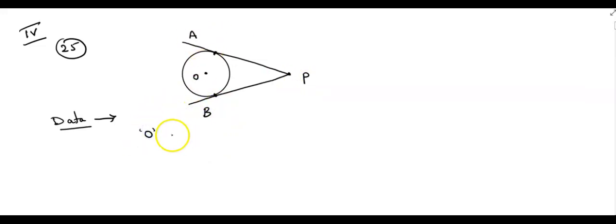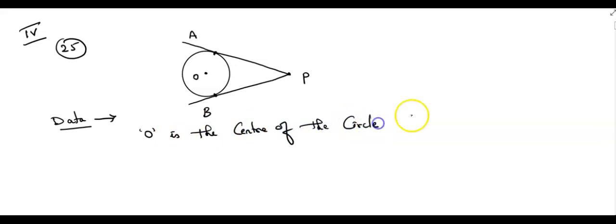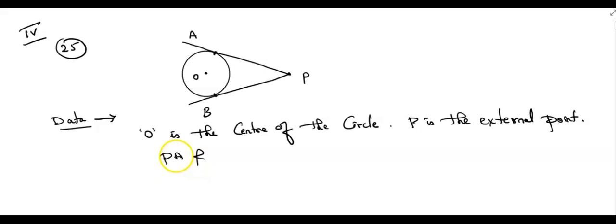So now you can say that O is the center of the circle, P is the external point, PA and PB are the tangents. Okay, is this clear?